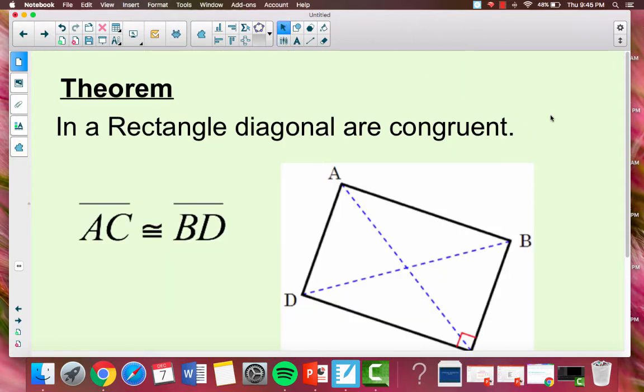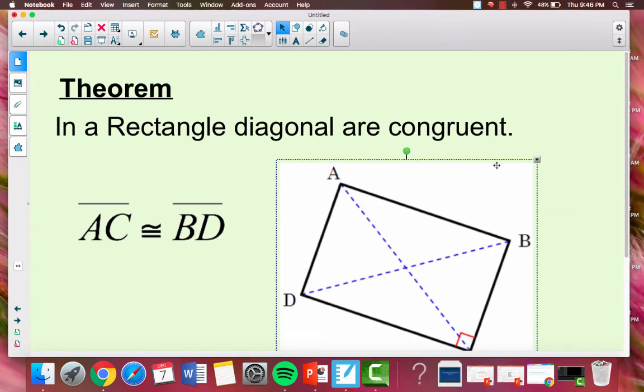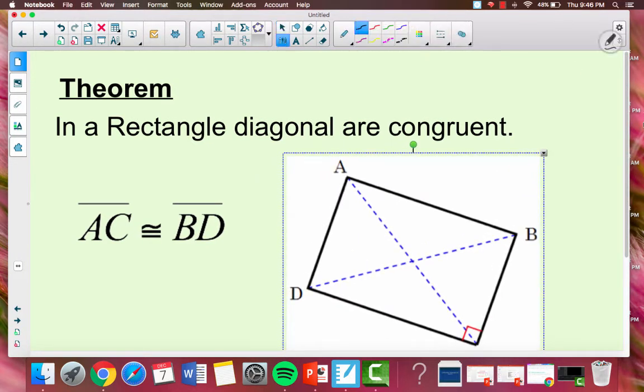All right, next rule is about a rectangle. A rectangle is going to have two diagonals that are congruent. So before, we didn't know anything about diagonals except they split each other in half.